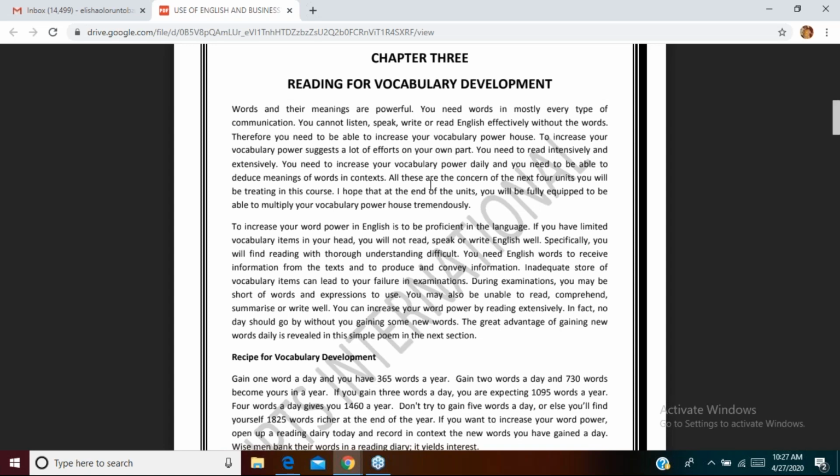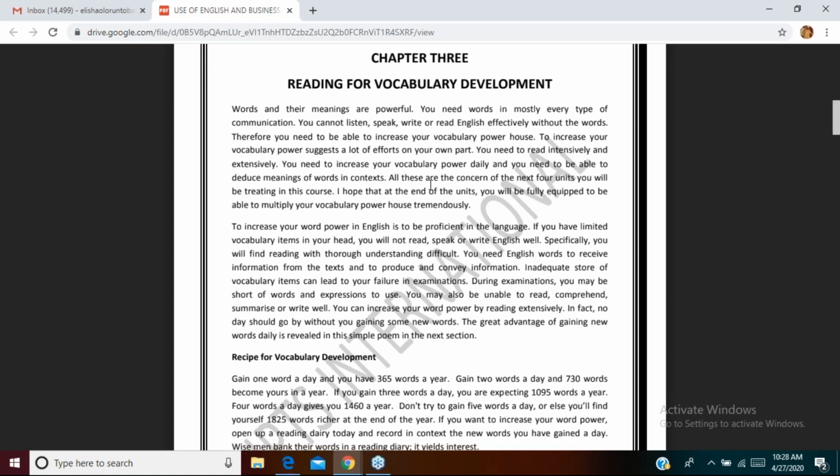If someone is speaking to you, you should be able to deduce the meaning of whatever the person is saying without actually checking the dictionary. Even if you are not familiar with such words, by listening attentively, you should be able to deduce meanings of words in context.